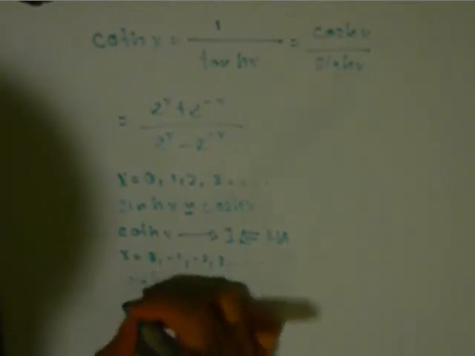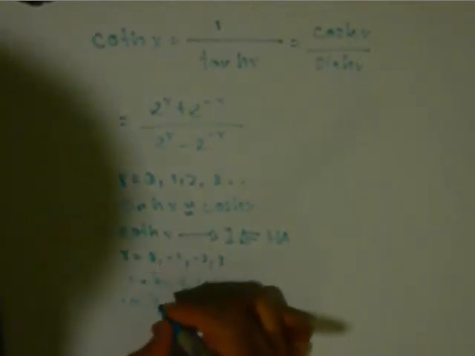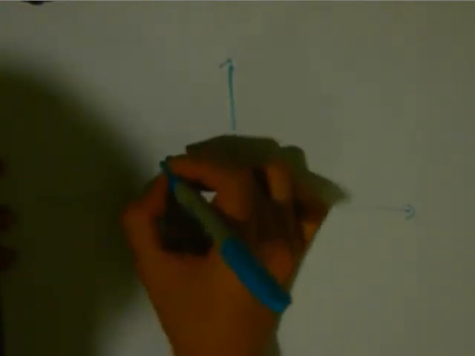And we find out that cotangent hyperbolic x also has an asymptote of negative 1. Now we can begin to draw our graph for cotangent hyperbolic x. We already know that we have horizontal asymptotes of y equals 1 and y equals negative 1.